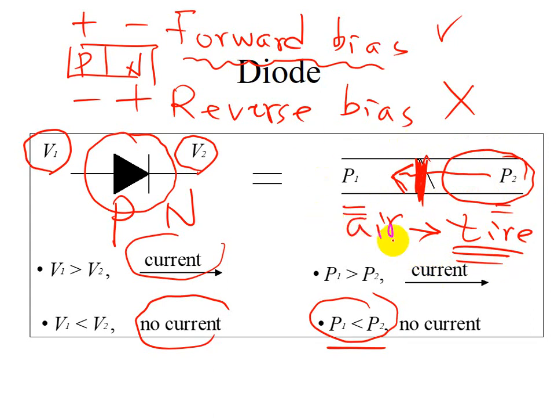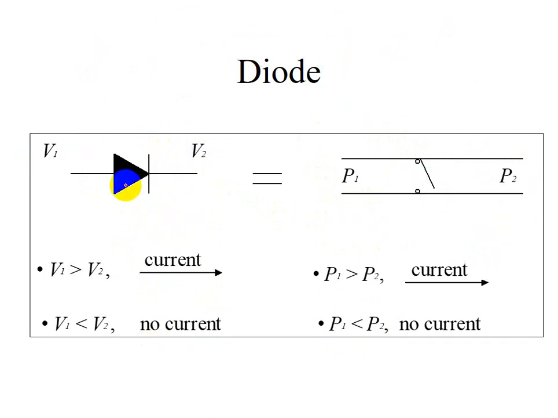And this is similar to the diode. As we mentioned, when it is forward biased, V1 greater than V2, the current goes through. When V2 is larger than V1, no current comes through. Similarly here, the atmospheric pressure P1 is greater than the tire pressure P2, so the gas comes into the tire.